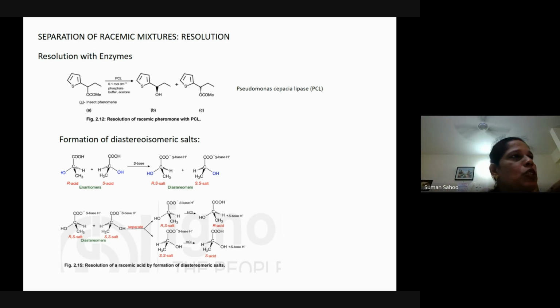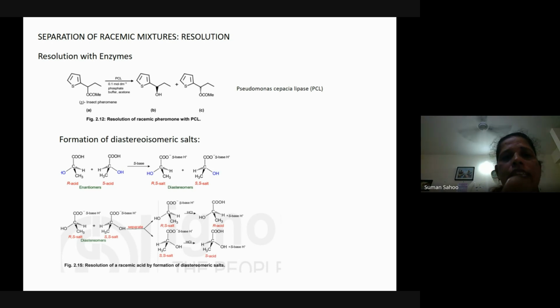One enantiomer would have one orientation and the other a different orientation in crystal form. So using a magnifying glass, you can just pick out the enantiomers. That is very difficult, and applicable only for very limited enantiomers.